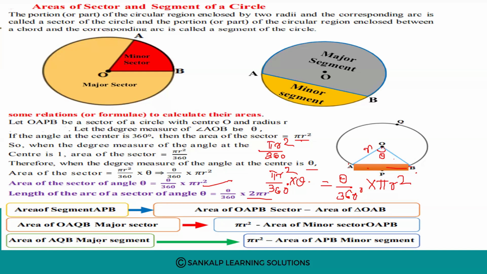Area of the major segment AQB can be calculated by pi r square minus the area of the minor segment APB. Remember.